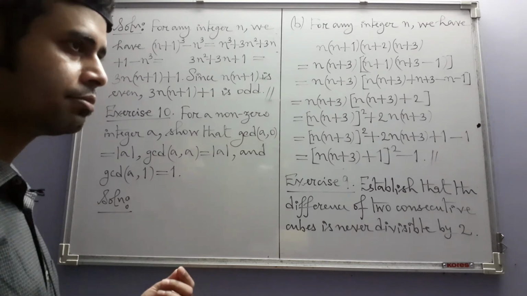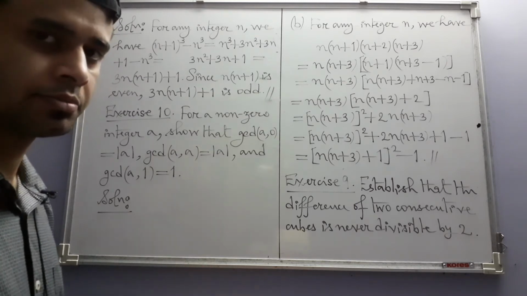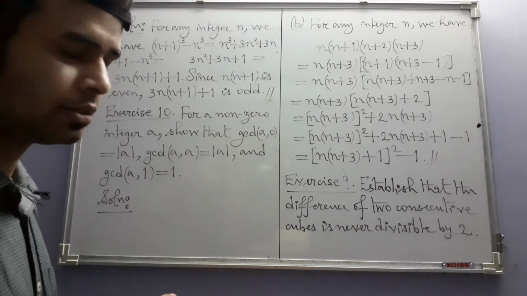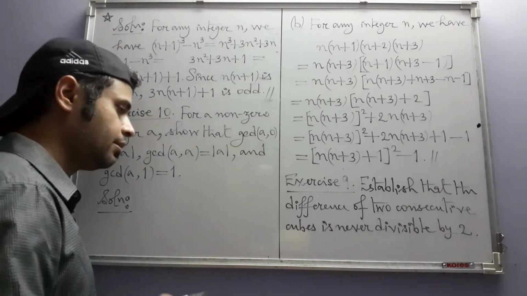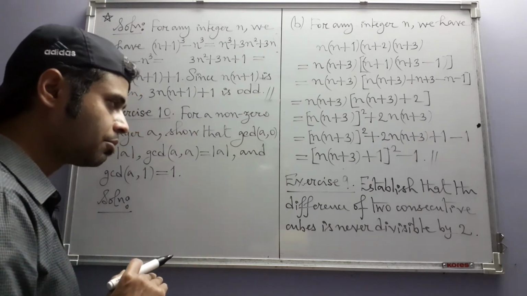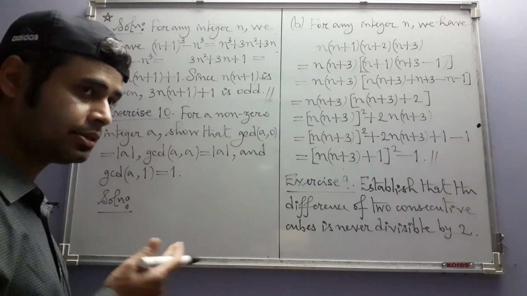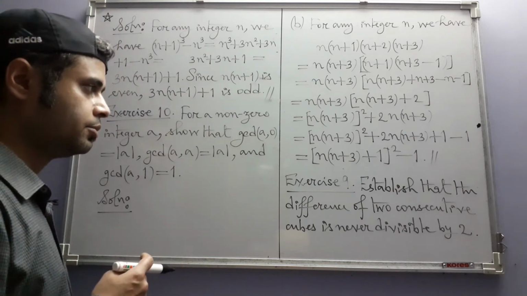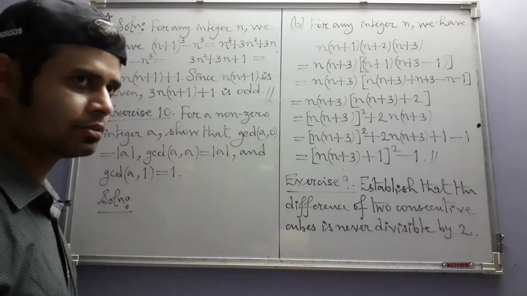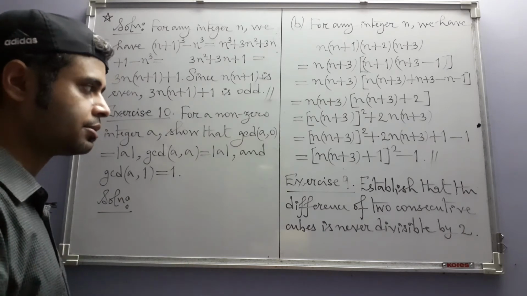GCD by our definition is never negative. Although in a slightly more general context than integers, GCD can be negative or can be something else.